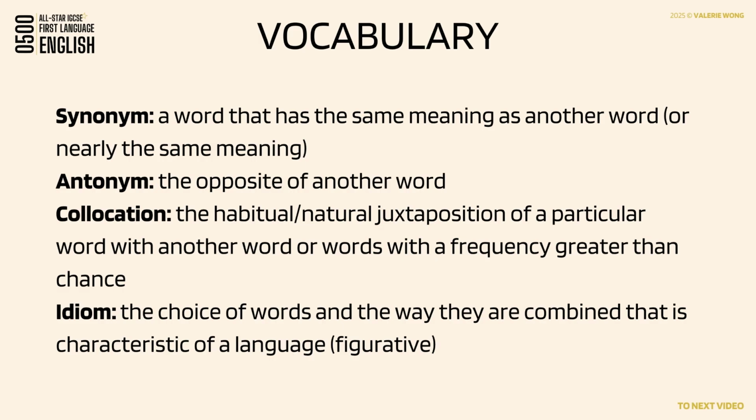Okay, now let's define what synonyms, antonyms, collocations, and idioms actually mean. A synonym is a word that has the same meaning as another word, or nearly the same meaning. Let's take the word happy. Happy is quite an overused word. We definitely need synonyms for that. The synonyms also depend on context.